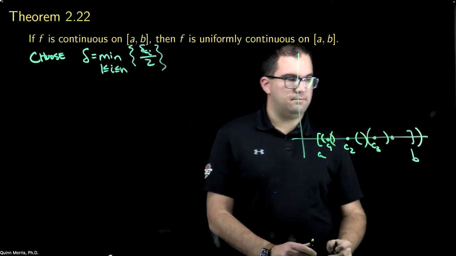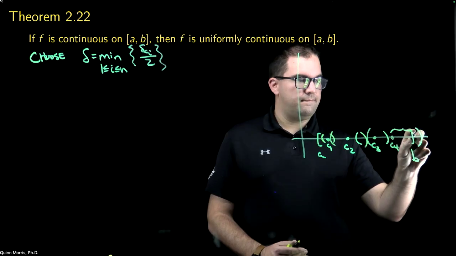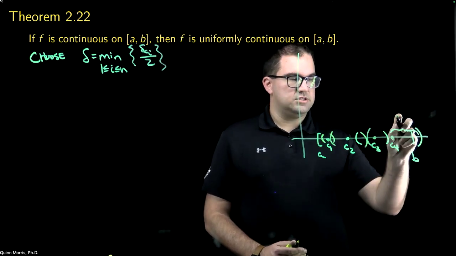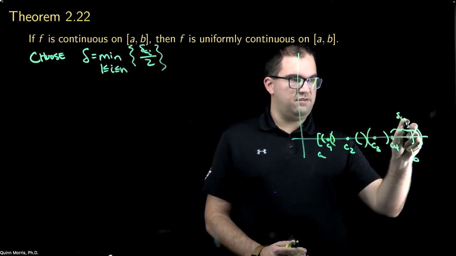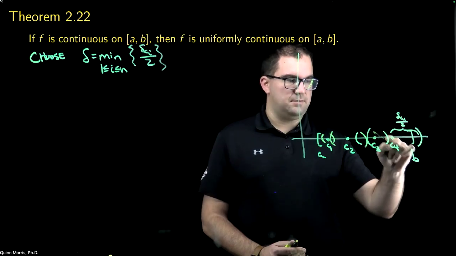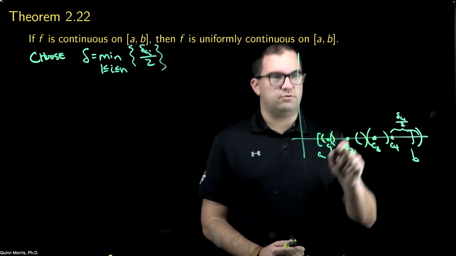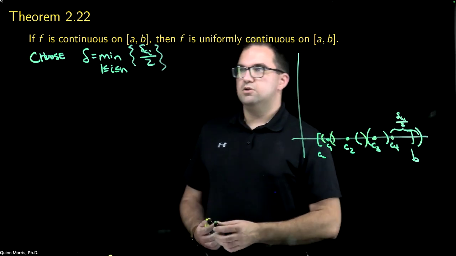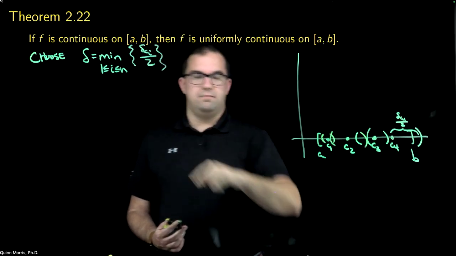Associated to this point, this distance here would have been delta C4 over 2, but there's some delta value associated with this point, a different delta value associated with this point, and a different one with this point. So what we're doing is taking each of those and forming this minimum here.